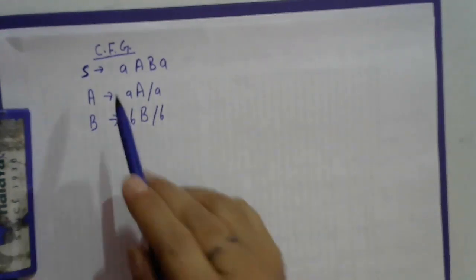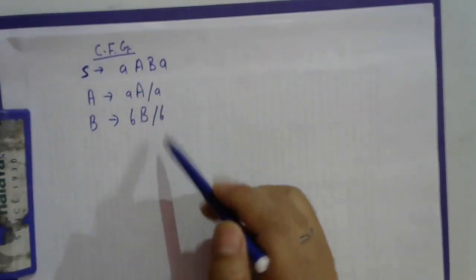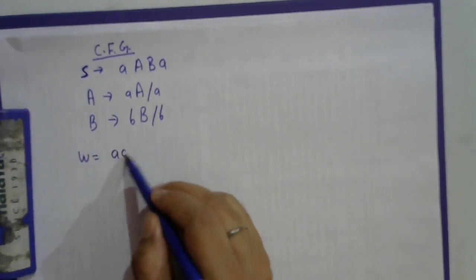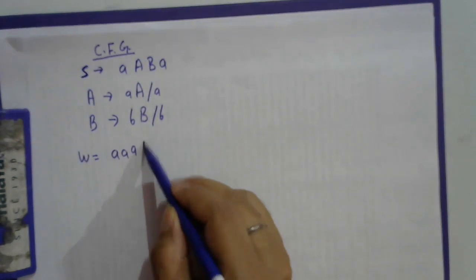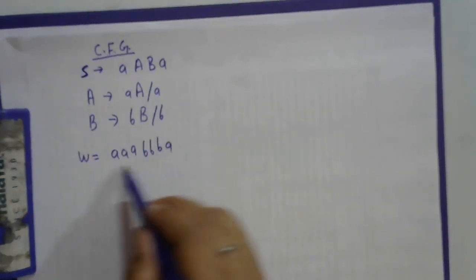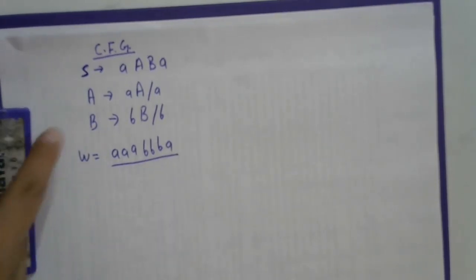Suppose a context-free grammar is given, then how do we construct the derivation tree for this grammar? If W is given in the form AAABBBA, and the grammar is given, how do we construct the derivation tree?